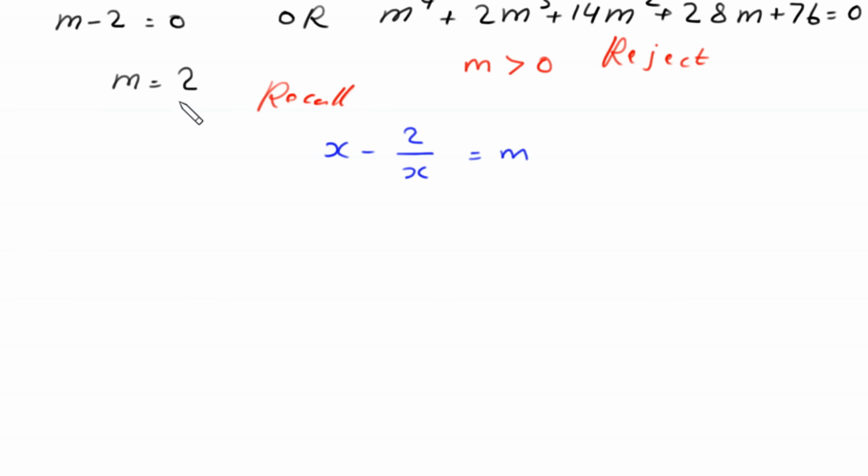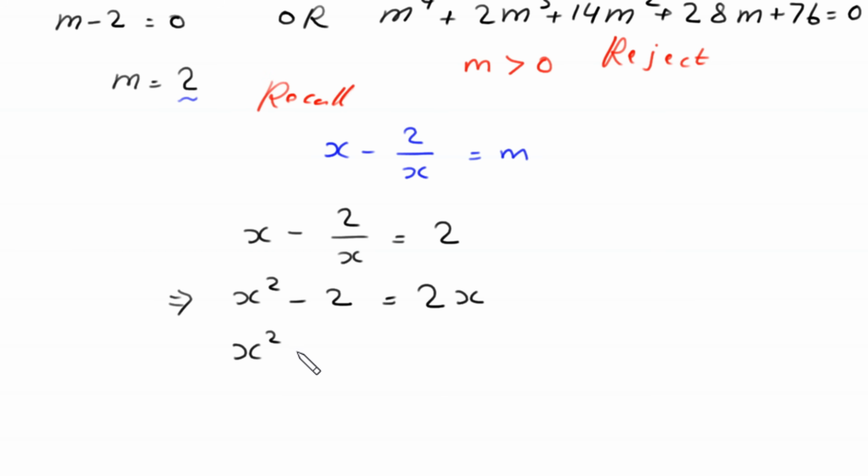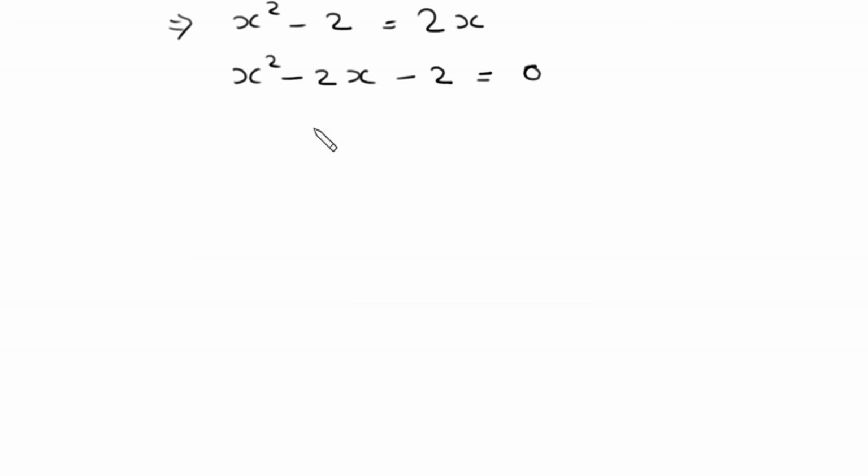So when m is equal to 2, then this equation will become x minus 2 over x is equal to 2. If we multiply both sides by x, this implies that x squared minus 2 is equal to 2x. Move this 2x to the left hand side, this will become x squared minus 2x minus 2 is equal to 0. Now this quadratic equation is not factorable, so we solve it by quadratic formula.